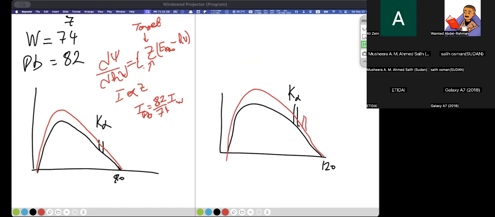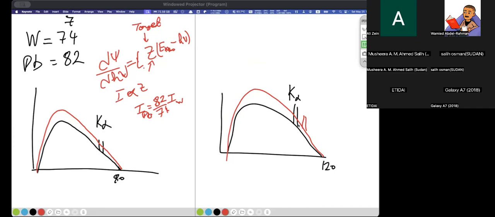So the K alpha line energy will not be 88. It will be the difference between the binding energies of the K shell and the L2 and L3 shells. I'm not sure of the value, but the binding energies for the L shells for lead may be around 13 to 15 keV, around 15.